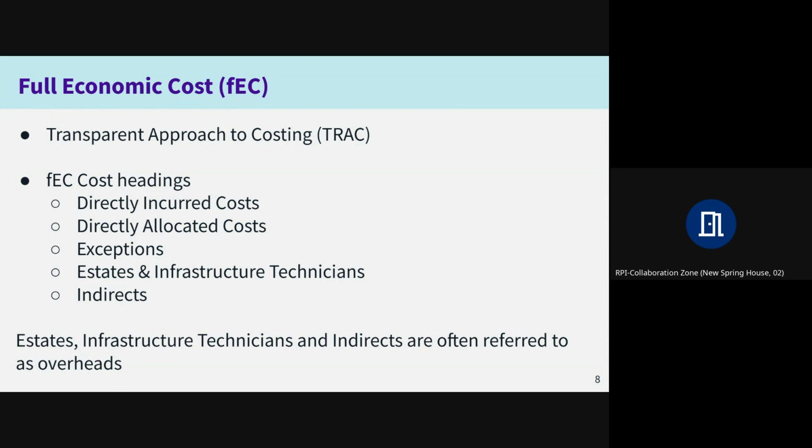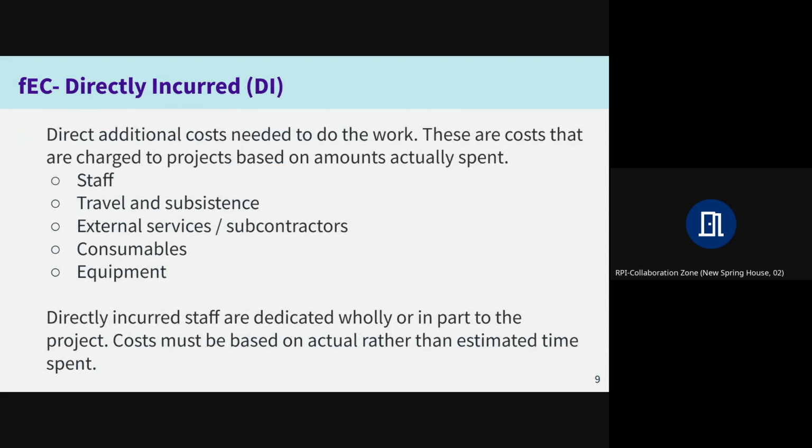FEC, as it gets shortened to, uses 5 different cost headings: directly incurred, directly allocated, exceptions, estates, and indirects, which we'll go through in a little bit of detail.